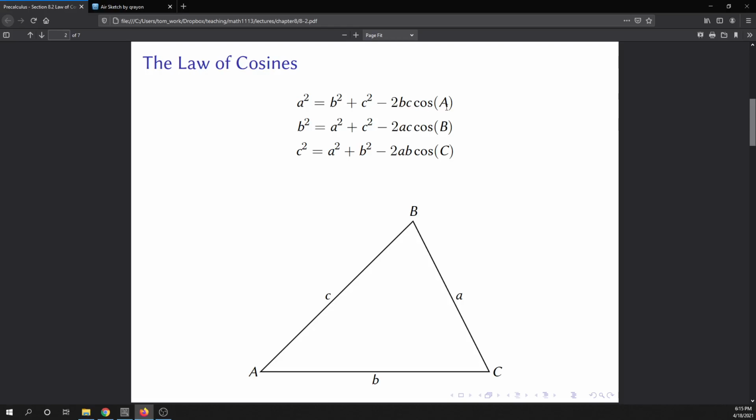And then it's times the cosine of the angle that side a is opposite. And it's the same thing on each of these other two here. Here we have b squared, so this formula is going to use a and c, the sides that are not b, and then it's going to use the angle that side b is opposite. That's angle B here. Same thing for this last one. So you can see there's kind of a symmetry between those things.